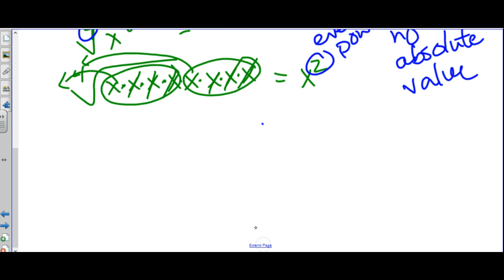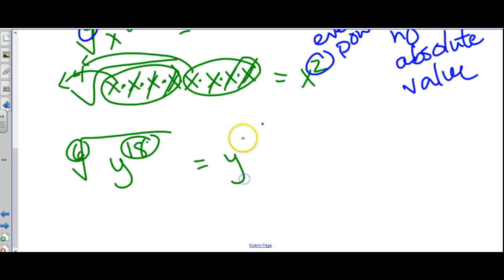But if we did the 6th root of y to the 18th, now this is getting a little bit bigger. I don't really want to write out y 18 times. So here is where a second way to think about the powers of variables will help us. If it's a number, we've got to just break it down like we've been doing. But with your variables, when you're taking the 6th root of 18, you can actually just divide those, and it will tell you what you would have gotten if you would have written out longhand and looked for groups of 6.